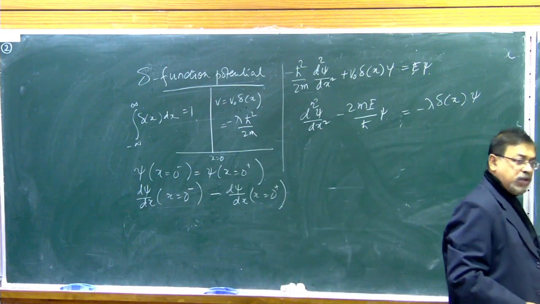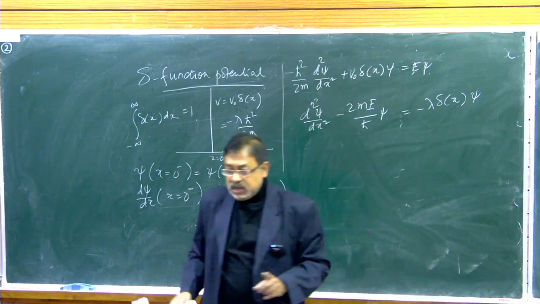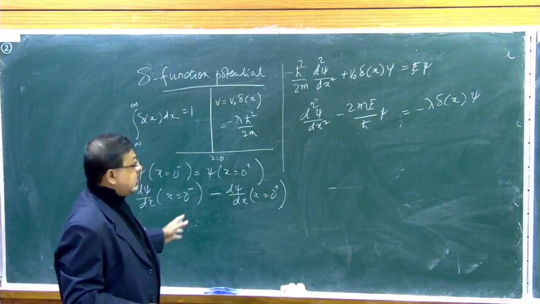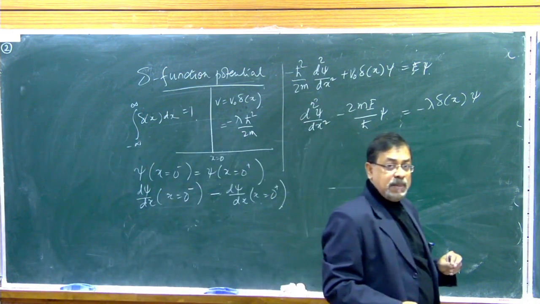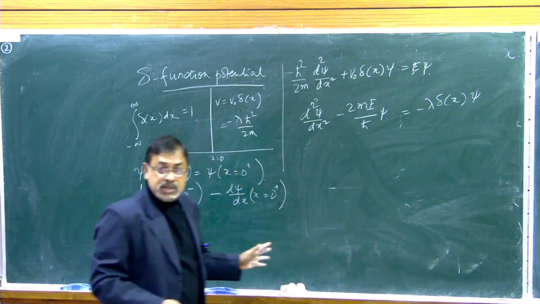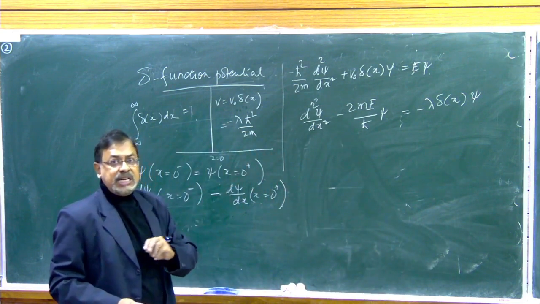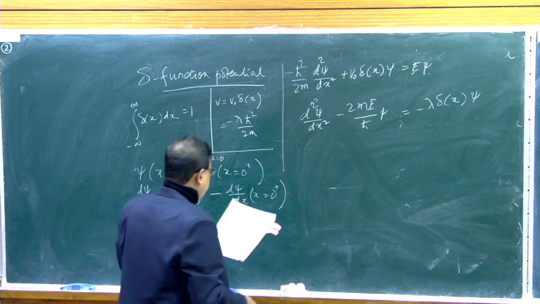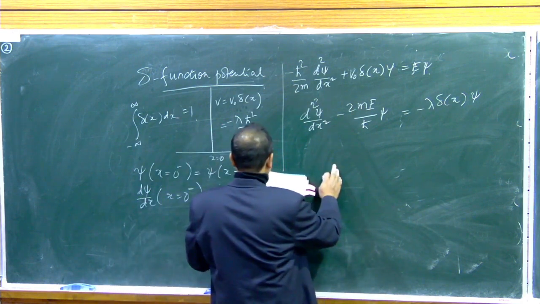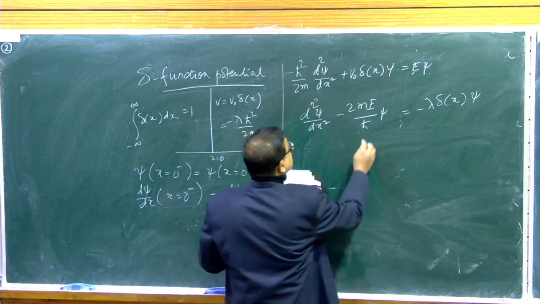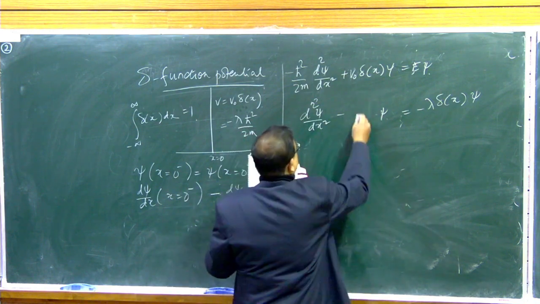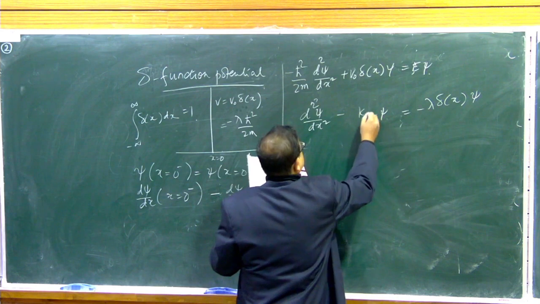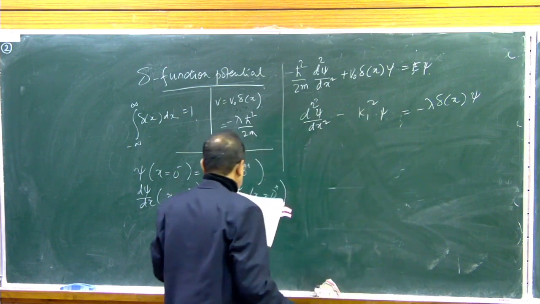Now we can apply both the boundary conditions, because we know that psi is continuous across the infinite discontinuity, as well as d psi dx, which is not continuous, it's discontinuous, but it's discontinuous by a known amount. Okay, so what I'll do is write 2mE by h cross square as k1 square.